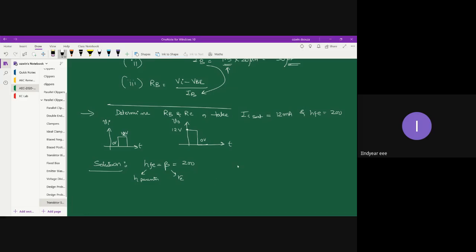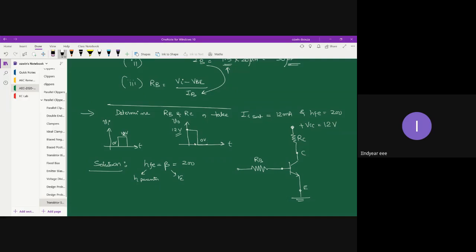Since it's a design problem, first of all we need to draw the circuit. That's how you have to do it in your externals as well. First you draw the circuit. So this is your RB. The emitter is directly held at ground potential, and the collector terminal is connected to the collector resistor RC, and this is your VCC. And what is VCC? VCC is actually 12 volt.